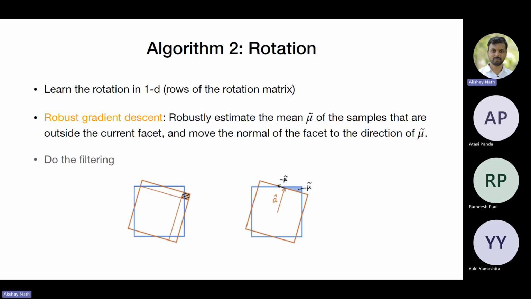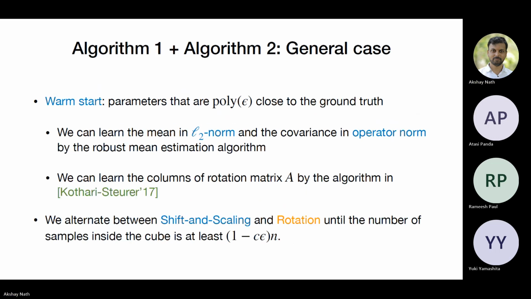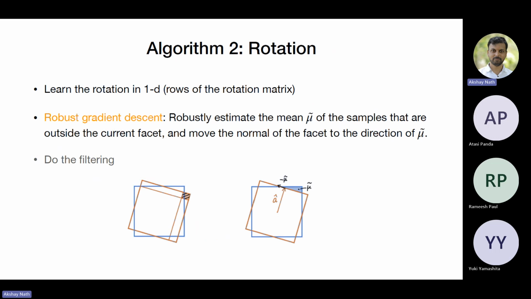For the rotation algorithm, we also do the 1D updates in a different way. Now we have to learn the rotation, or the rows of the rotation matrix, in 1D.